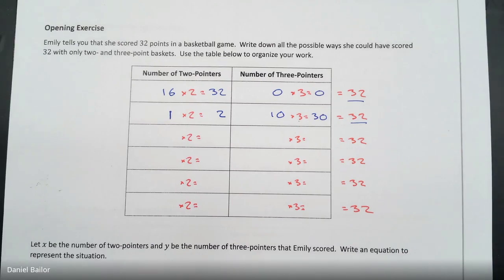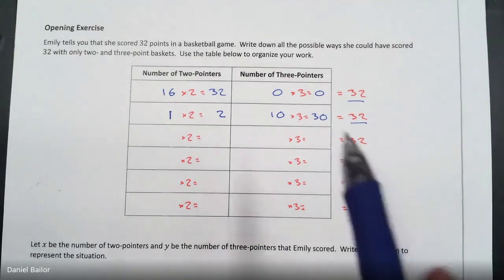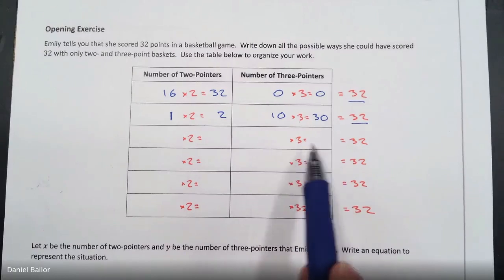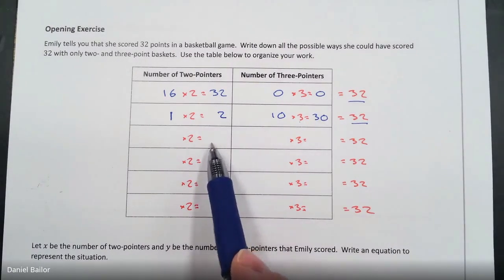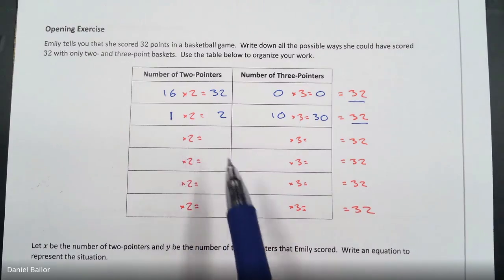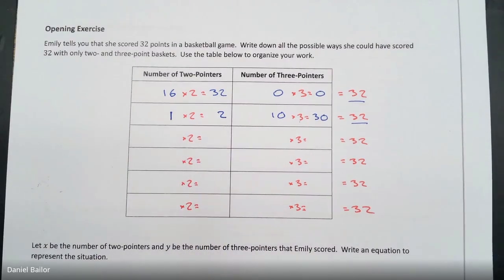For example, one 3-pointer will not work because it would need 29 points from 2-pointers, and that's impossible with 2-pointers. So you need to start thinking about how many. Pause the video and see if you can finish the table. And then when you're ready, unpause the video and come back and we'll talk about it.